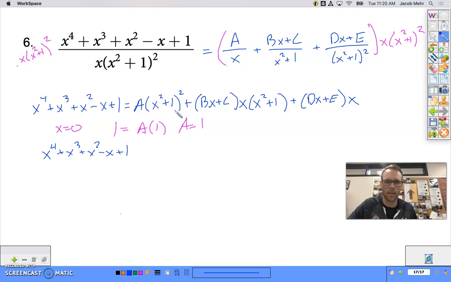Now, I don't really think that there's another value that I can put in that would get rid of any terms. So now is the point where I'm going to multiply this out. And we're going to say this is what? X to the fourth plus 2x squared plus 1 plus, let me distribute it to that term. I'll FOIL that out in the next step, and let me distribute here.